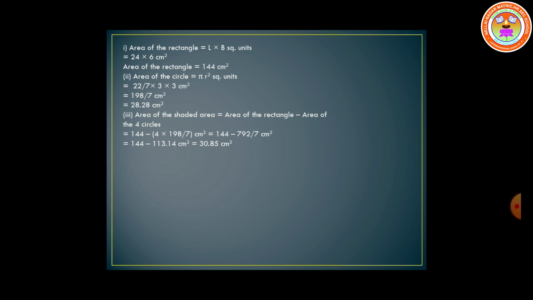Already you got it, 1 circle is 28.28. Then 4 circles means 4 into 198 by 7 cm square is equal to 144 minus 792 divided by 7. So 144 minus 113, that is 792 divided by 7. How do you find that one?